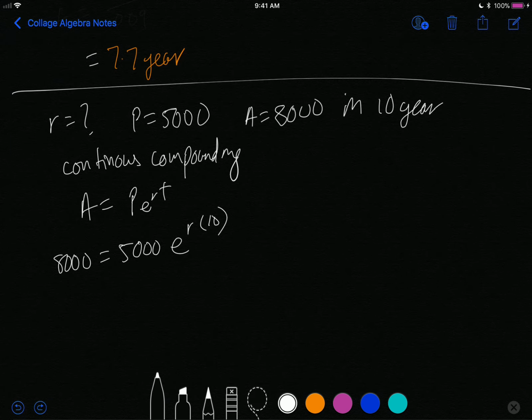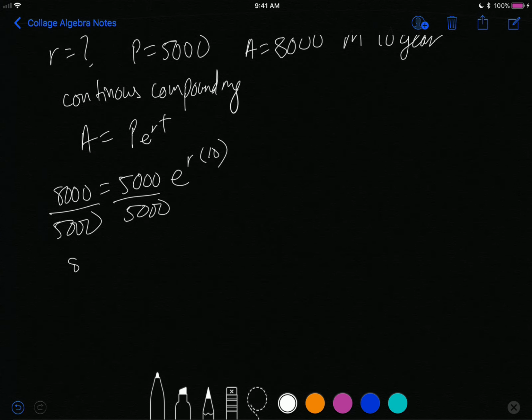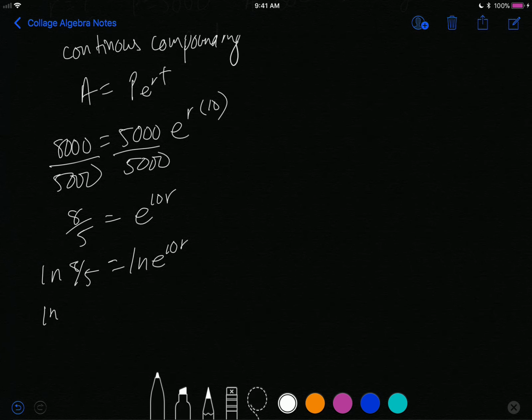And so what I have is 8/5 is equal to e to the 10r. And of course, we know there's a special relationship between ln and e. So I take ln on both sides. And so I get then that ln of 8/5 is equal to 10r.